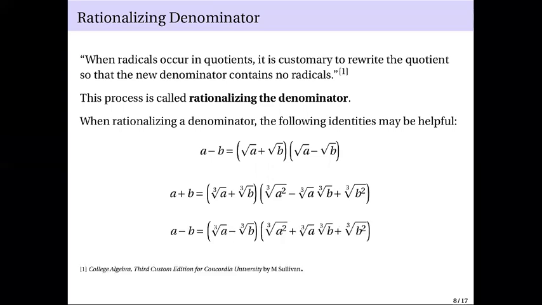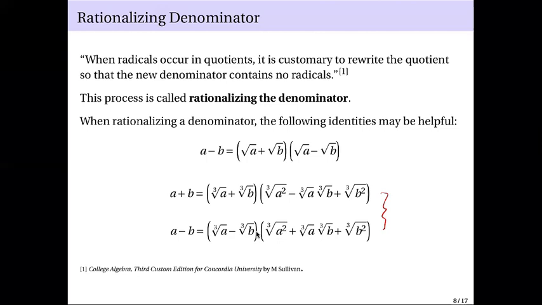Or if you have minus, you just replace these signs here. So a minus b equals cube root of a minus cube root of b times cube root of a squared plus cube root of a cube root of b plus cube root of b squared. And these two again came from the sum and difference of two cubes.